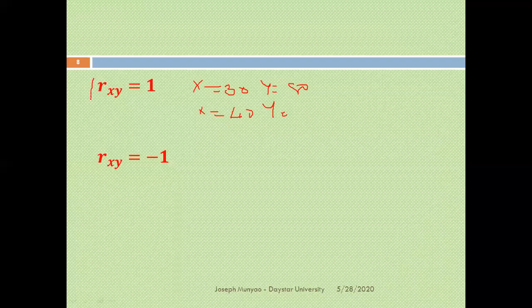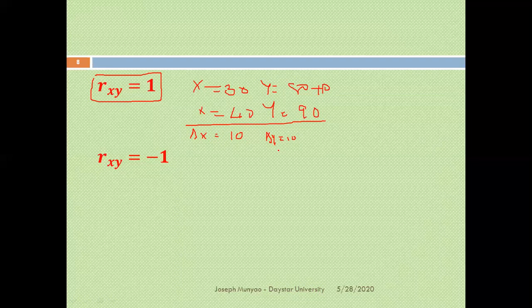Since the two variables have a perfect positive correlation, the change in x will be exactly equal to the change in y. x has increased by 10, so y will also increase by 10. I add 10 there to get 90 here, because they are causing equal change.